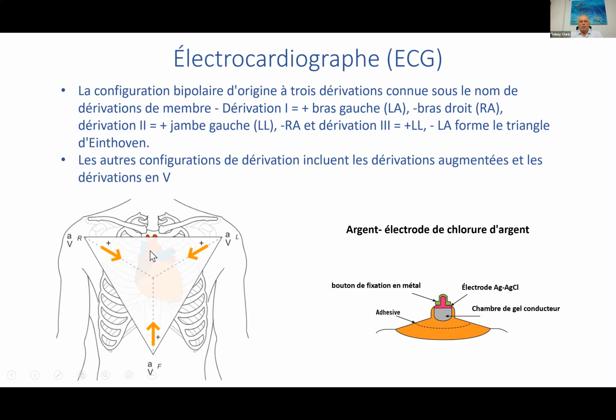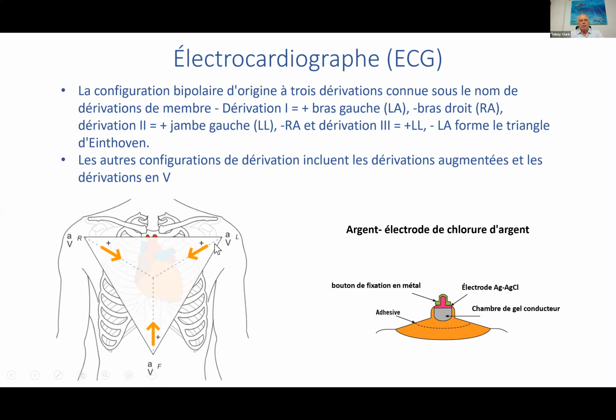On the left side of the slide here, we can see the basic bipolar lead system, where we have leads 1, 2, and 3. Lead 1 is left arm and right arm. Lead 2 is left leg and right arm. And lead 3 is left leg and left arm.